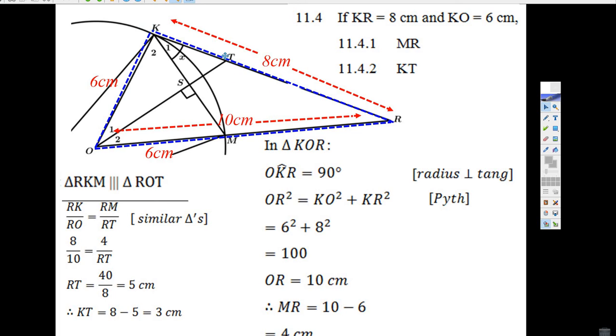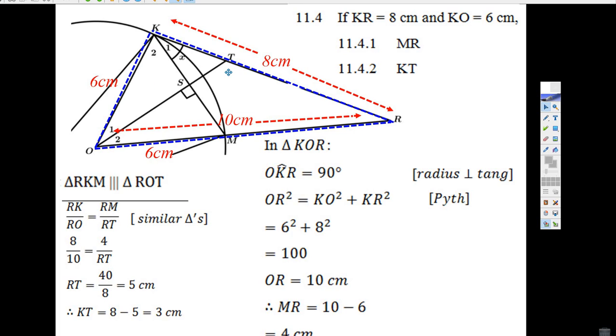So what you do is go, okay, KR, and then I wrote just an 8 on there. 8 centimeters all the way from K to R. It's this blue line here. And they tell you that KO is 6. So I put 6 centimeters here and a blue thing there. And then I connected the two because it's very likely we're going to be dealing with this triangle. And that's how easy it is.